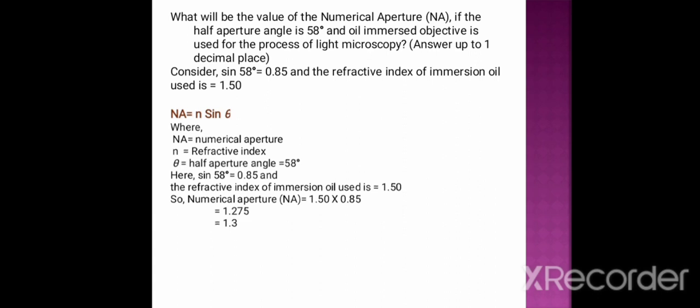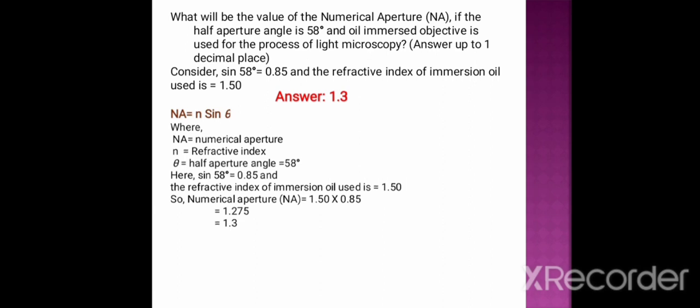So the numerical aperture NA is equal to 1.50 into 0.85, that is 1.275. As we have to answer up to one decimal place, 1.275 is approximately 1.3. So the answer will be 1.3.